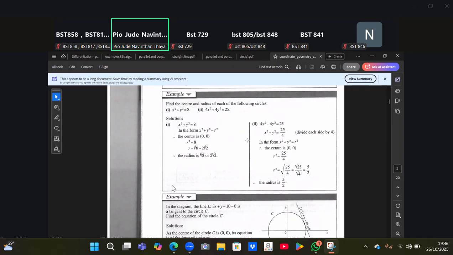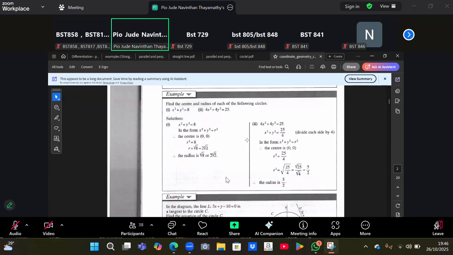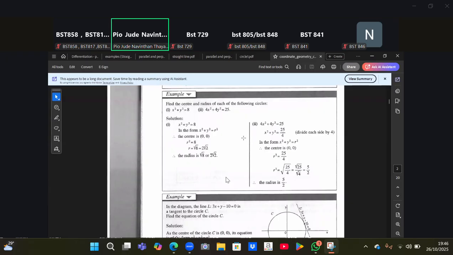Second example. Find the center and the radius. Earlier they gave the center and the radius and we found the equation. Now they are giving the equation and we need to find the radius and center. In x square plus y square is equal to r square, the center is 0 comma 0, there are no other values.